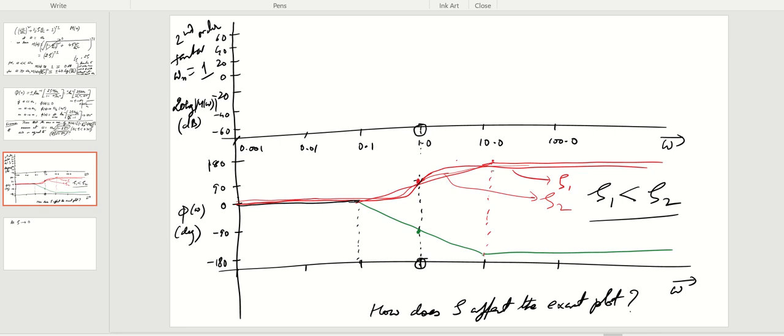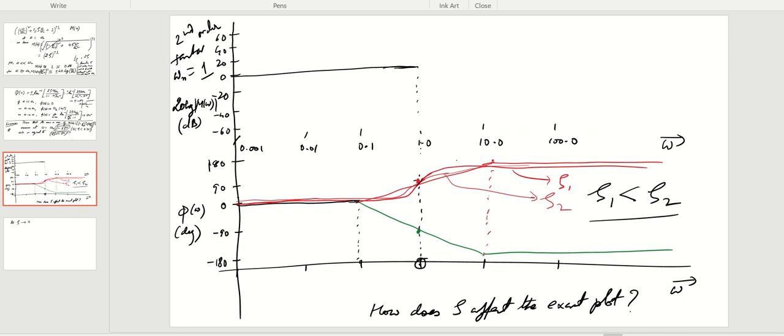So what about the magnitude then? All right. So the magnitude, once again we draw the low frequency asymptote. Not so bad. Managed to recreate most of it. What about the high frequency asymptotes? The high frequency asymptotes will now be 40 dB per decade. So remember that.